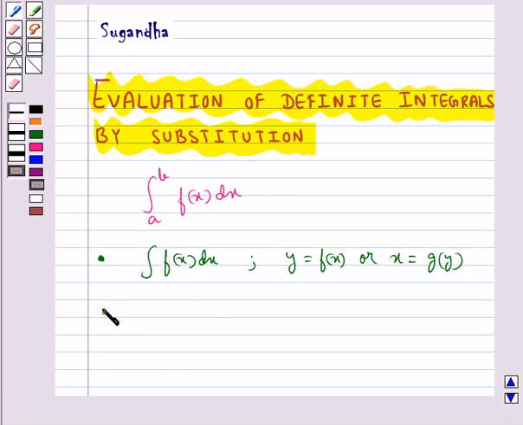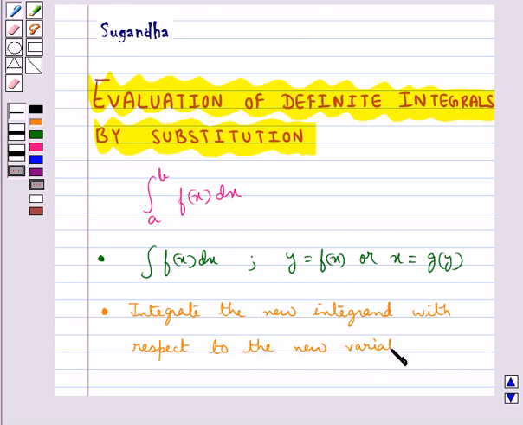In the next step, we integrate the new integrand with respect to the new variable without mentioning the constant of integration.